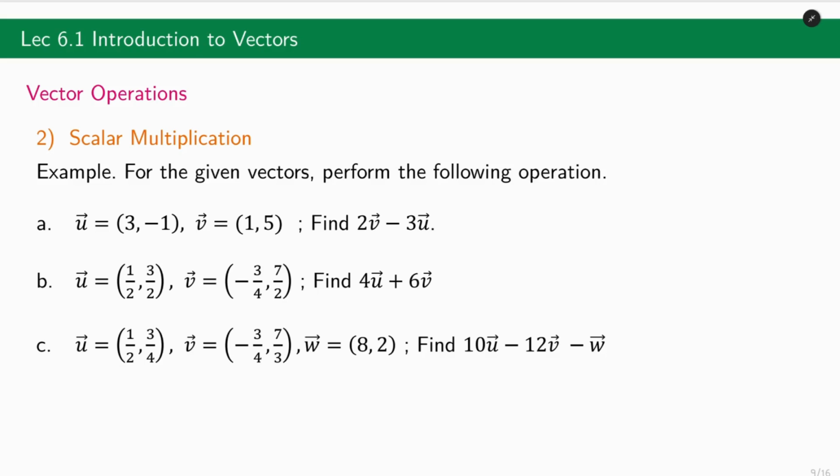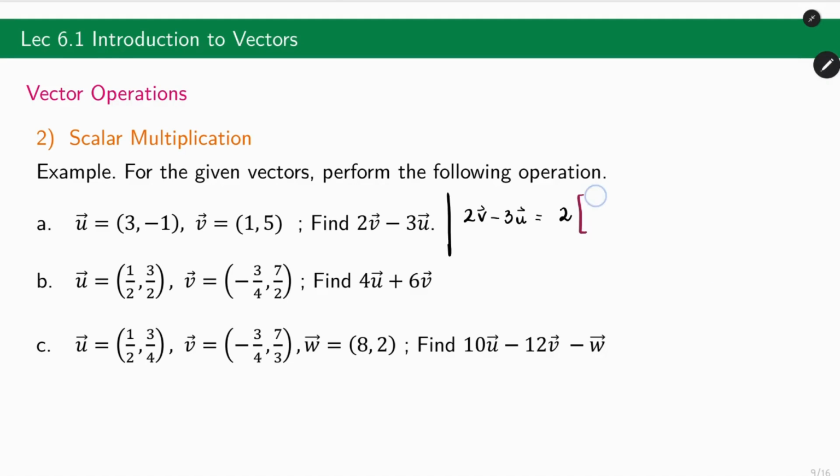Letter A, we have vector u, 3, negative 1, v, 1, comma 5. Let's find 2 times vector v minus 3 times vector u. Okay, this is equal to, don't forget to always write the thing that you are getting. Here, I will write the vectors in matrix form.